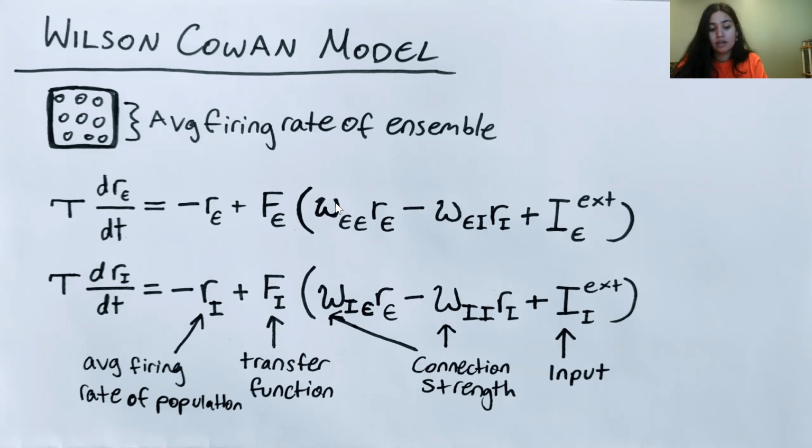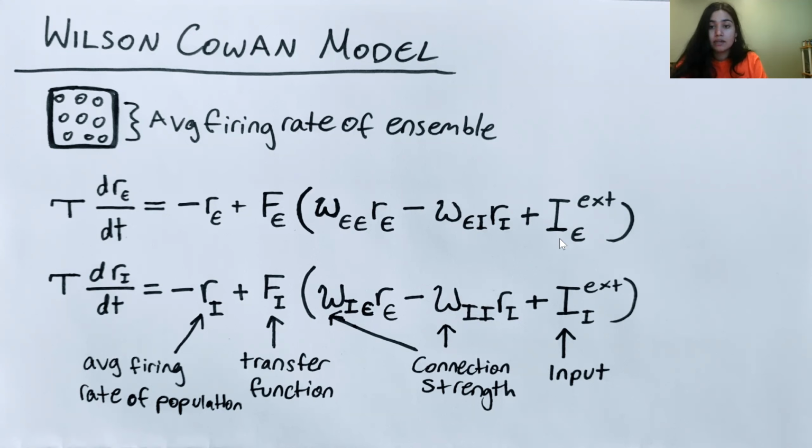So omega sub EE is the connection strength from excitatory to excitatory, while omega sub EI is the connection strength from inhibitory to excitatory, and so on. Over here it's excitatory to inhibitory, and over here it's the connection strength from inhibitory to inhibitory.